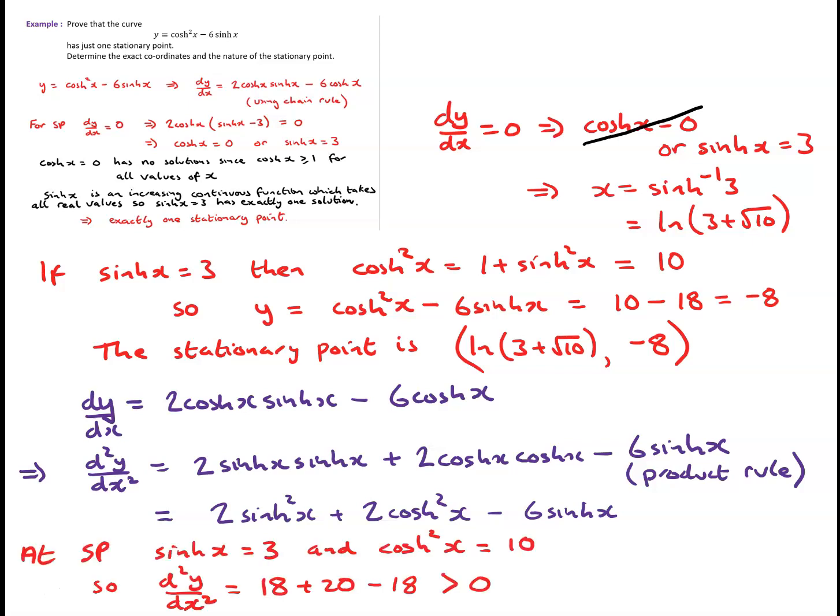So we've got 2 times 3 squared, which is 18, plus 2 times 10, so that's plus 20, take away 6 times 3, which is take away 18, which actually gives me 20. So d2y dx squared is definitely positive, which means that the stationary point is a minimum.